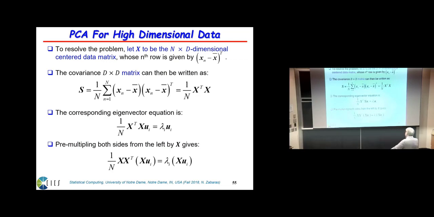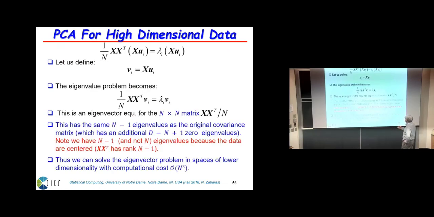So now the eigenvalue problem that we have to solve to compute X u_i is a very inexpensive eigenvalue problem. So here is the idea. Call this v_i and solve the eigenvalue problem not for the covariance matrix, but for X X transpose.